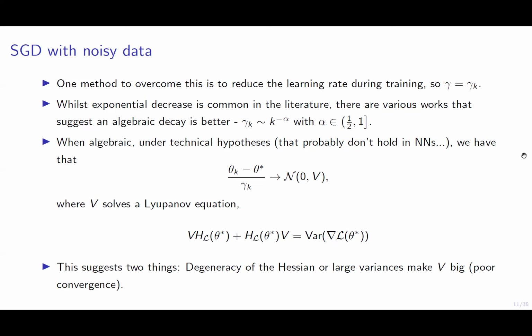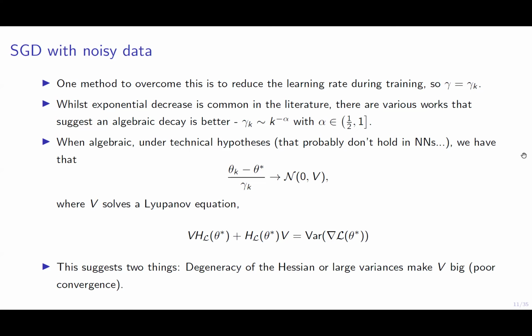Now, again, there's an explicit representation for what this covariance matrix looks like, and it's of this form. This is a different type of Lyapunov equation, but a Lyapunov equation nonetheless. V is the variance that appears in this limit, HL at theta star is the Hessian matrix of our loss at the critical point to which we're converging, and the variance of the gradient is the variance of the stochastic gradient at the critical point.